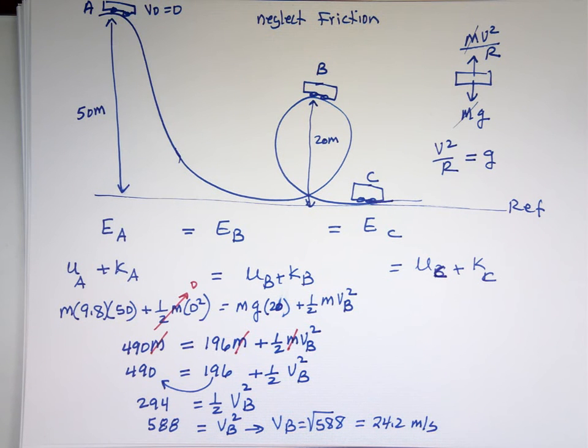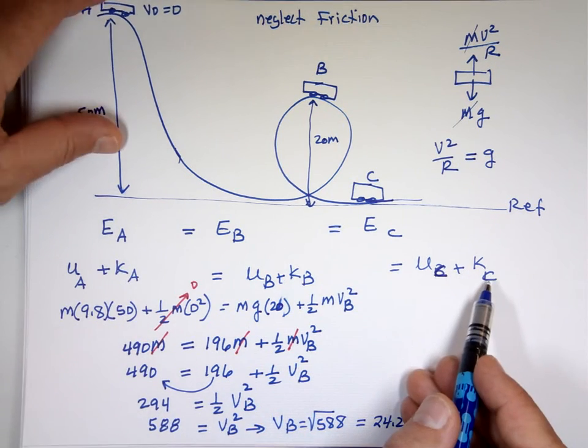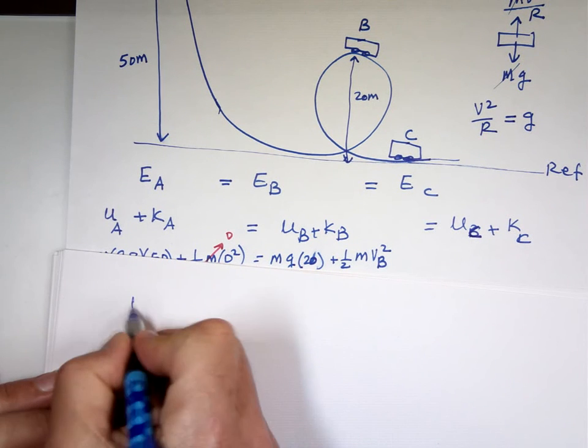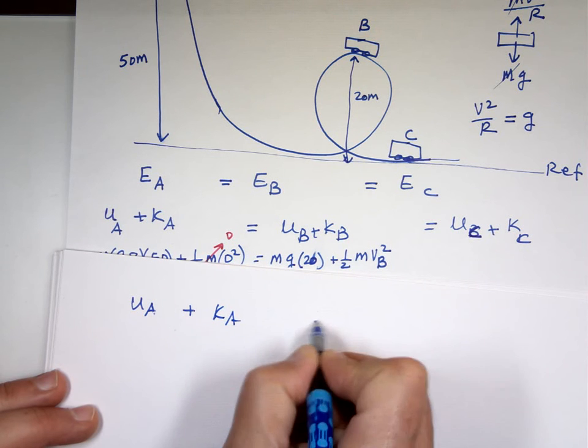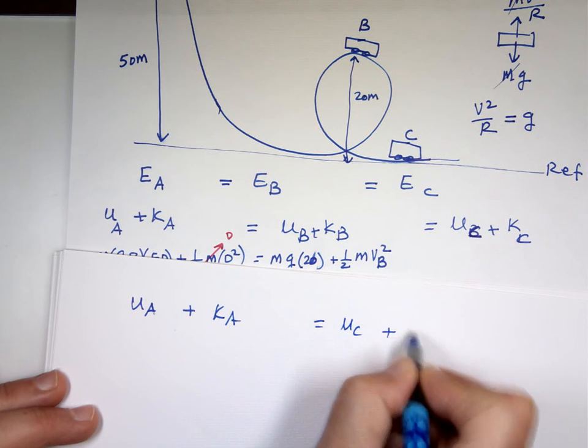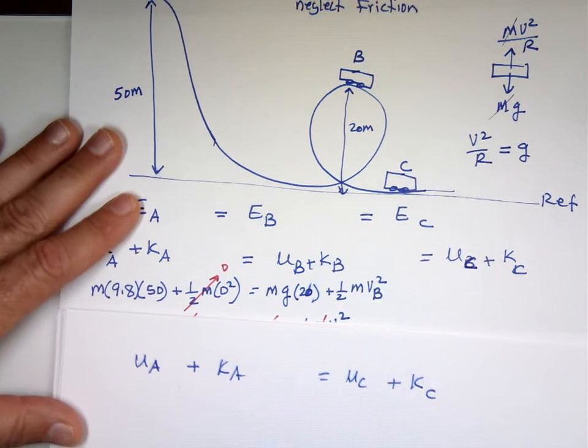Now, can I find the velocity at C? Sure, I can set A equal to C. If I do A and C, at A, we know it's the potential and the kinetic. I have them right here.